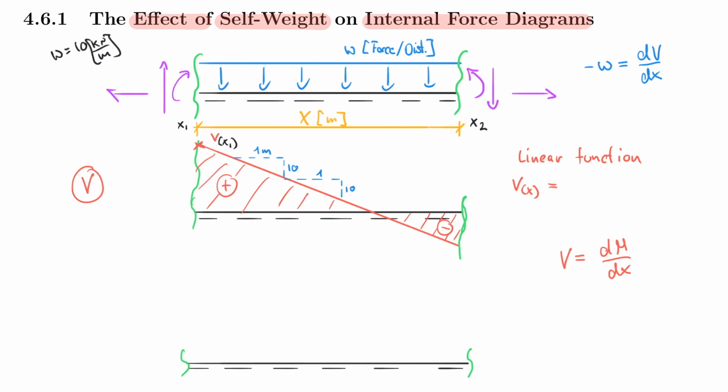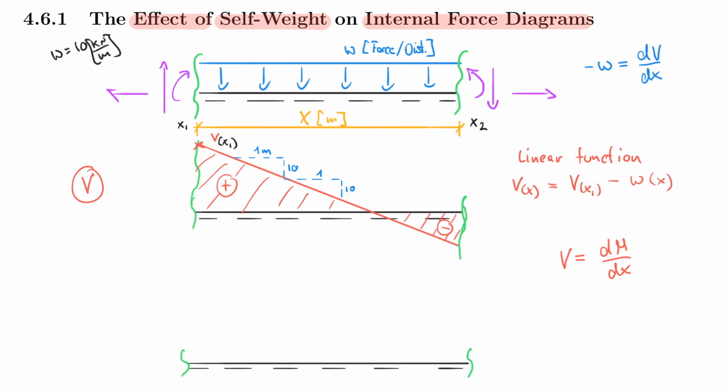So this is the shear force value at x1. And what I end up with for my linear function, because I'm starting here and I'm going down, down, down, down in a linear fashion, is V of x1 as the starting value, in this case, minus w times x.